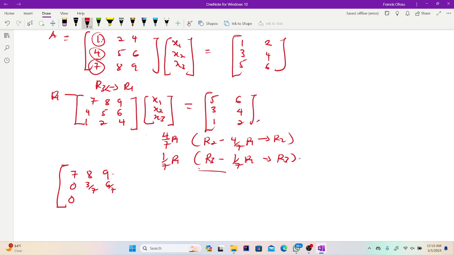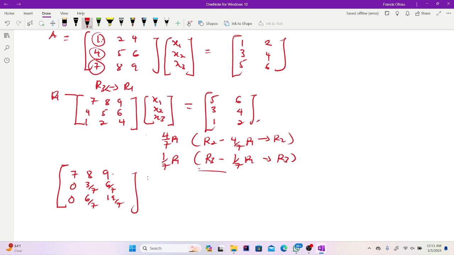So multiplying 8, and that is 6 on 7. Then this one too is 4 minus 1 on 7, multiplying what? 9. And that is 19 on 7.